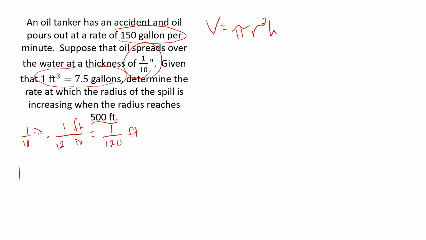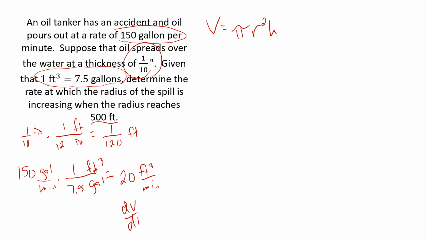So we can start with 150 gallons per minute times, we're going to have to divide by gallons, multiply by cubic feet, we just got rid of inches. 1 cubic foot, 7.5 gallons, and then multiply. 150 divided by 7.5 is 20 cubic feet per minute. And that's going to be the rate of the volume. This is going to be a dV over dt, because it's the rate the volume's changing. It's not the total volume, it's the rate the volume's changing.